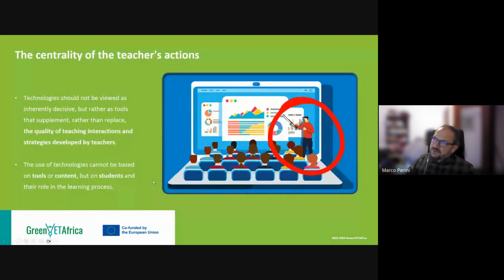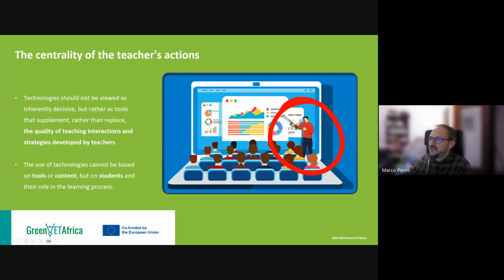Okay, another consideration that we mentioned before, and that is the most important consideration, is the centrality of the teacher's action. After we repeated that we have to balance methodologies and technologies, in this equation the teacher always has to be at the center, and the quality of teaching is the responsibility of the teacher.